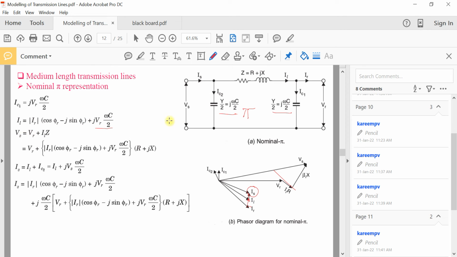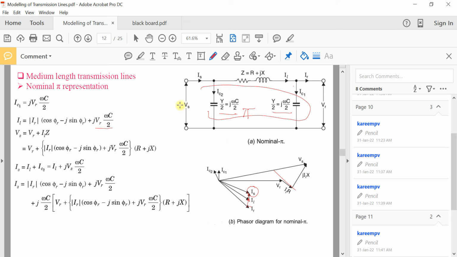Similarly, this is the point where we have the voltage Vs. If you apply Kirchhoff's voltage law to this loop starting from this point to here, you can see that this is the voltage Vs, the drop across this is IL into Z, IL into R plus jX, and the voltage between these 2 points is VR.